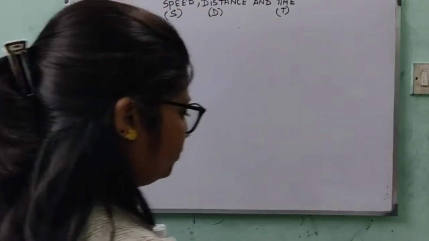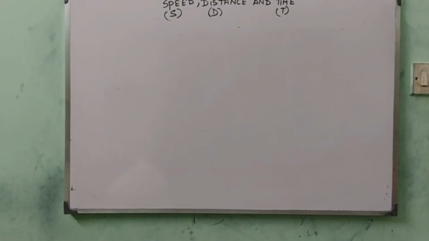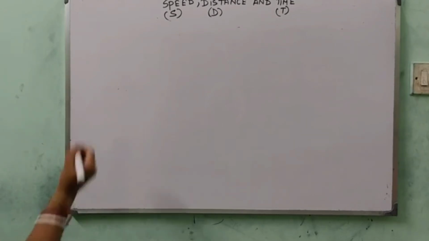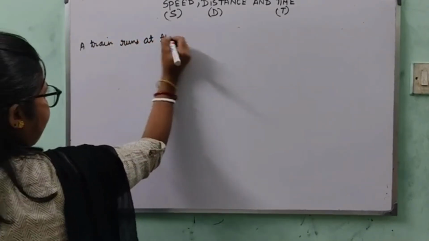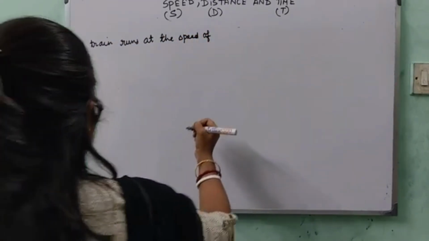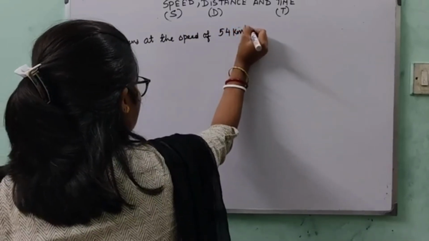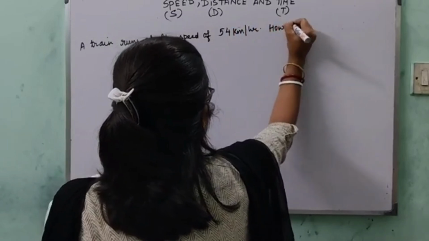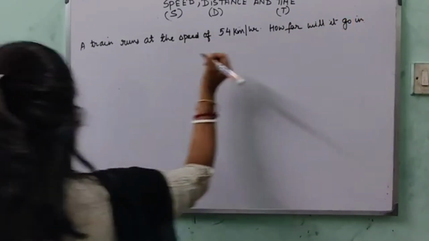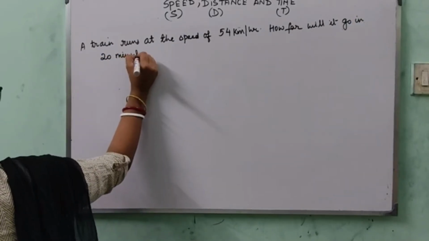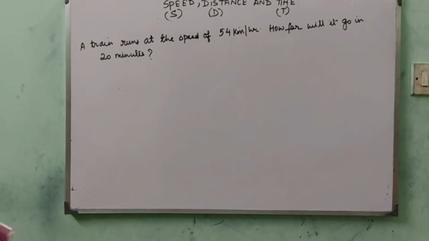Now let us do a sum. A train runs at a speed of 54 km per hour.